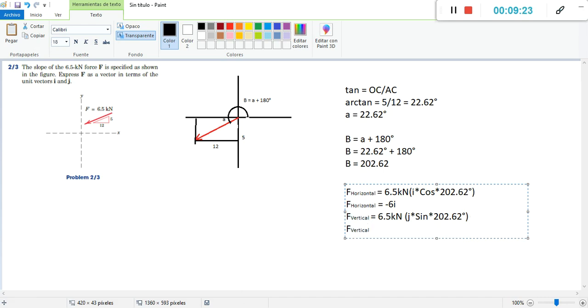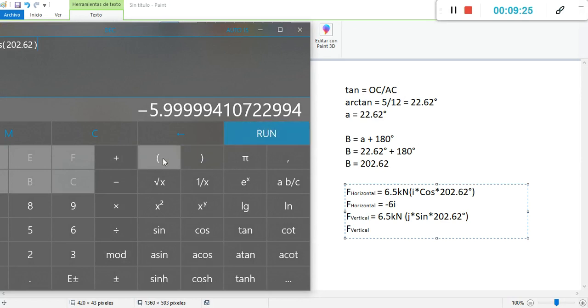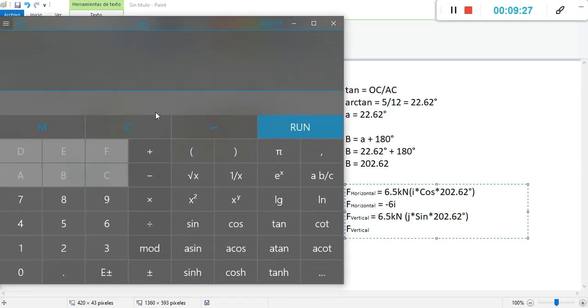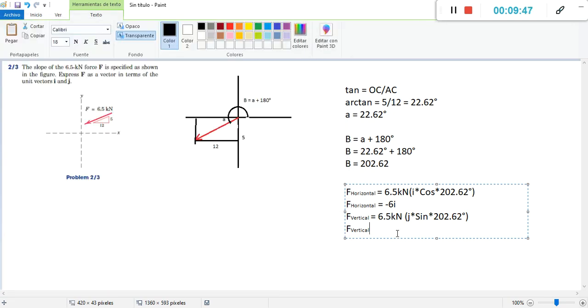Here we're going to do the calculation again: 6.5 kilonewtons times sine of 202.62 degrees, and that gives minus 2.5j.